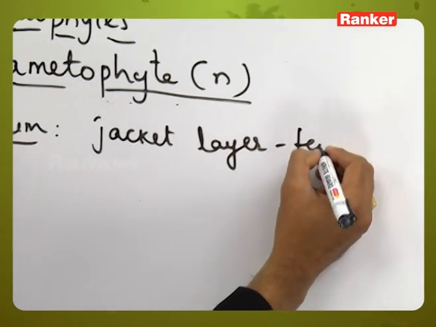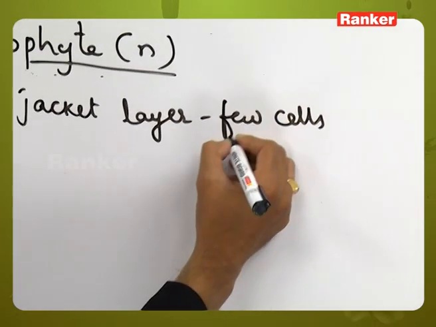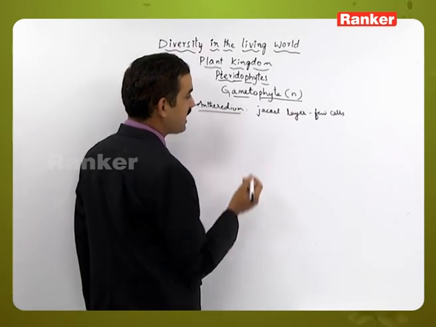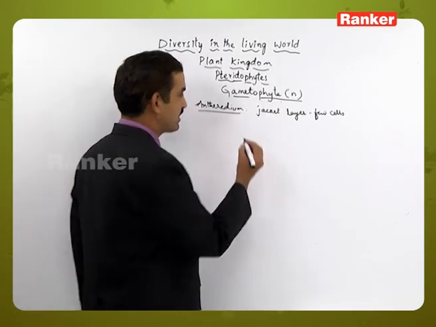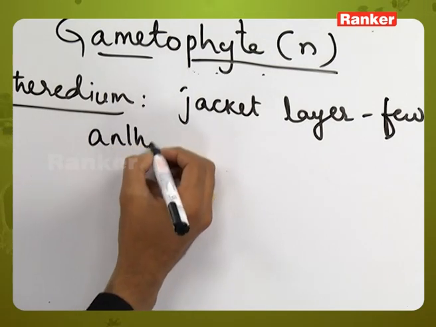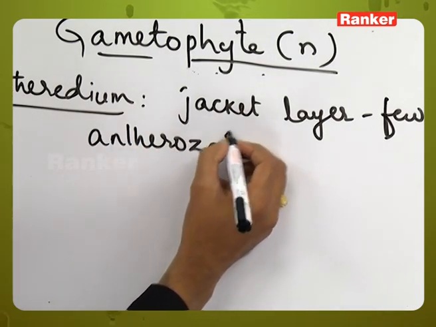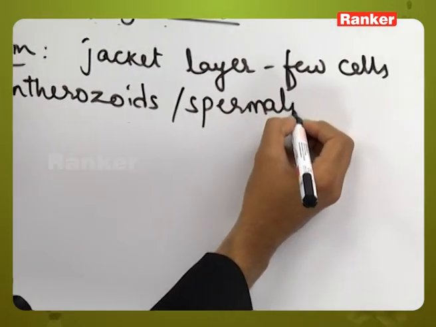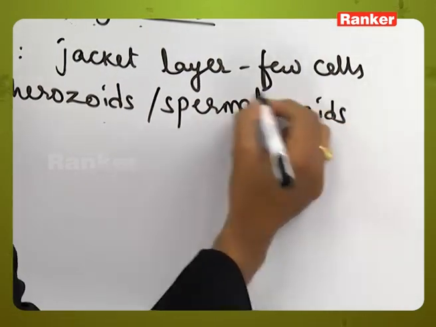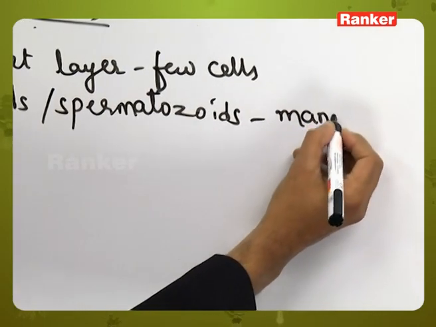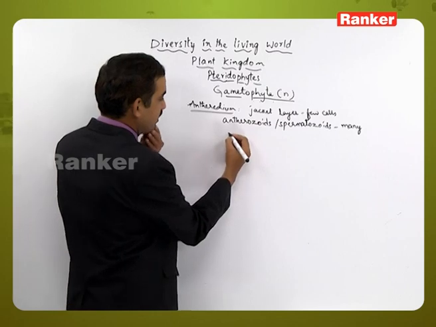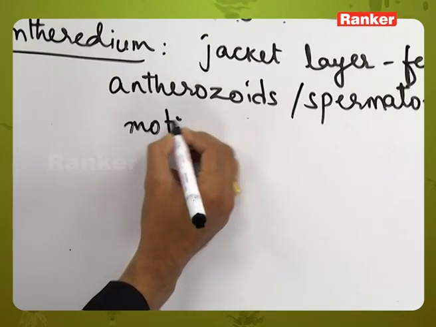The jacket layer is made up of very few cells, and inside the antheridium when it becomes matured, it starts producing many antherozoids or spermatozoids. So many in number, and these antherozoids or spermatozoids are generally motile in nature.